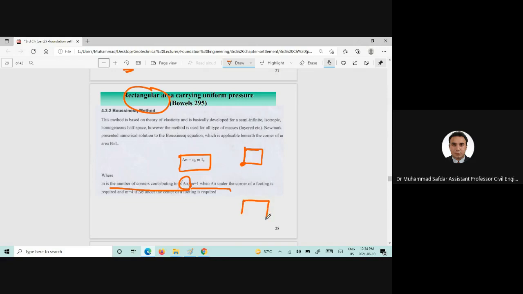And if we are asked to find out the delta sigma, or the stress increase, beneath the central point of the rectangular footing, then M would be equal to 4. So in this case M would be 1, and here M is equal to 4.